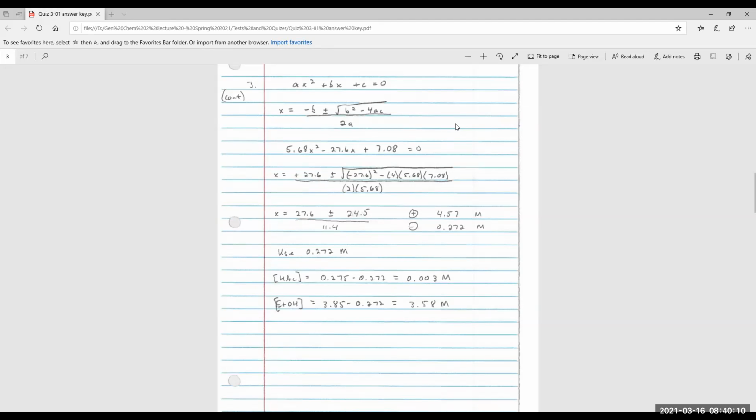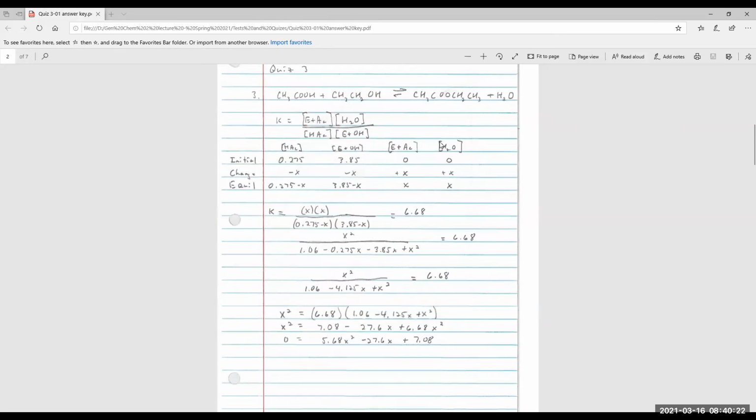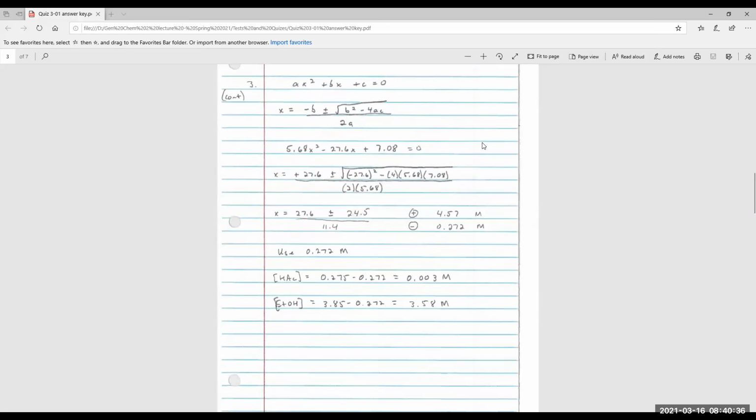So then remember, we get those two answers, and then we have to make a decision on, usually one of them doesn't make much sense. And so we go back to our original table, and we saw that our starting concentrations, 0.275 for the acetic acid, 3.85 for the ethanol, tells me that when I look at the one with the positive sign, 4.57 molar, that's too big.